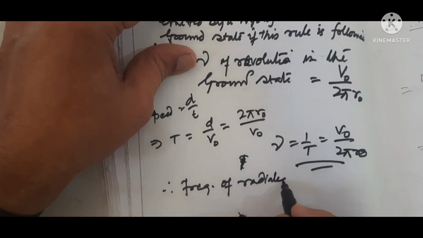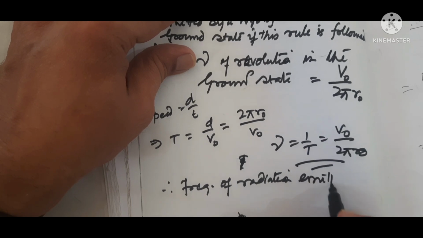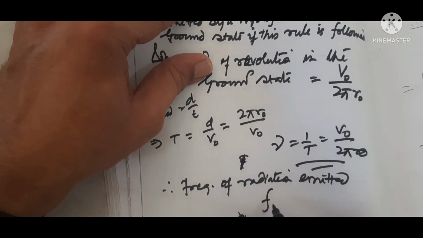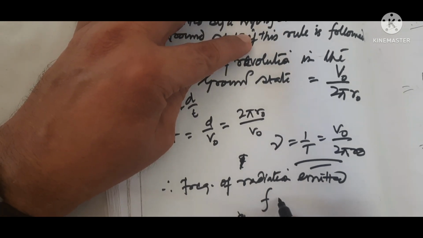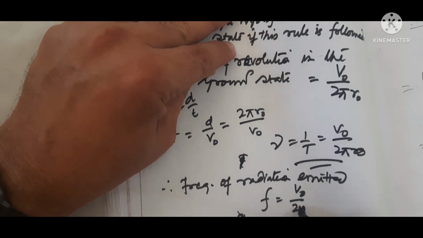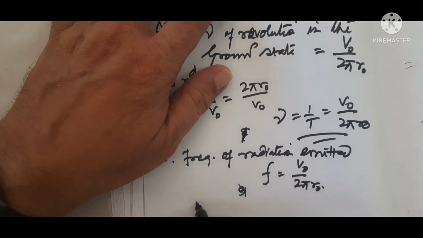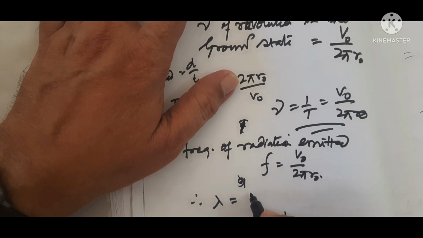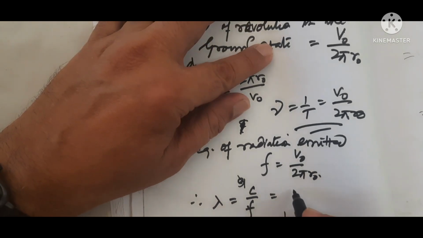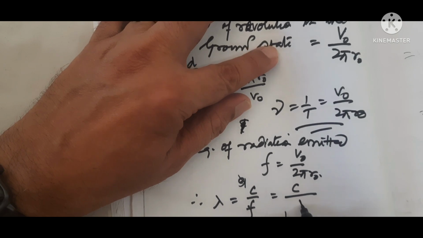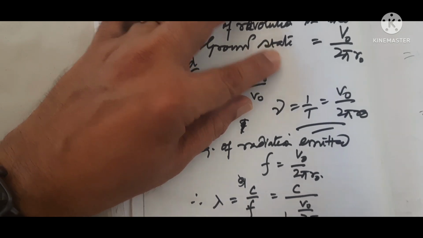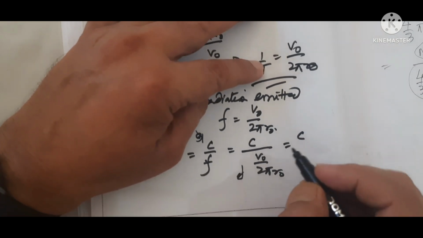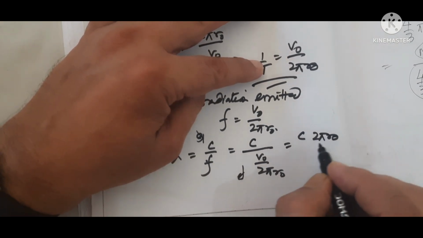So we can write therefore the frequency of the radiation emitted, ये भी फ्रीक्वेंसी मान लेते हैं, रेडिएशन जो हो रहा है उसका फ्रीक्वेंसी f है, तो ये भी इसी के बराबर होगा अकॉर्डिंग टू मैक्सवेल्स थ्योरी, V naught by 2 pi R naught. So therefore हम लोग लैम्डा हमको निकालना है, वेवलेंथ. लैम्डा इज इक्वल टू c बाई f, तो c बाई f, V naught by 2 pi R naught, that comes out to be c into 2 pi R naught by V naught.